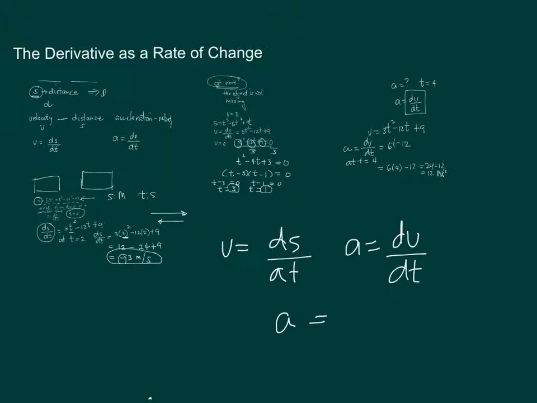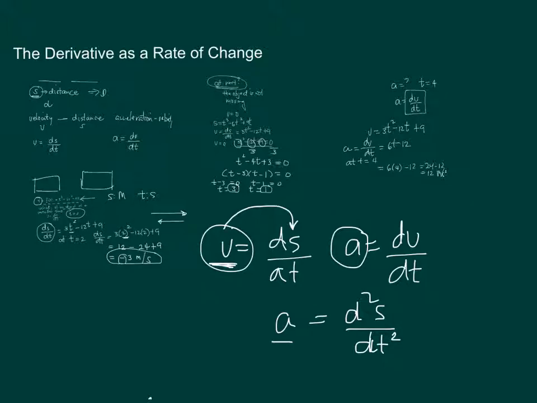If we look at the relationship, it should be clear that acceleration is the second derivative of distance with respect to time. Because when we get the velocity, we get the derivative of distance, and to get acceleration, we differentiate v, so it's like we're taking the second derivative of the distance. Hence, acceleration is the second derivative of distance.